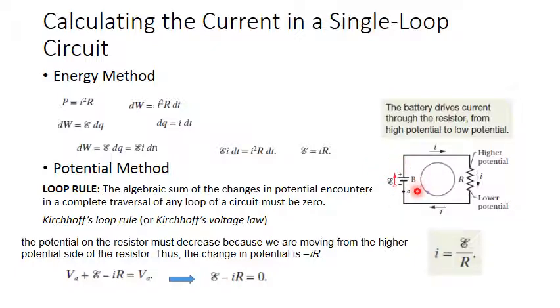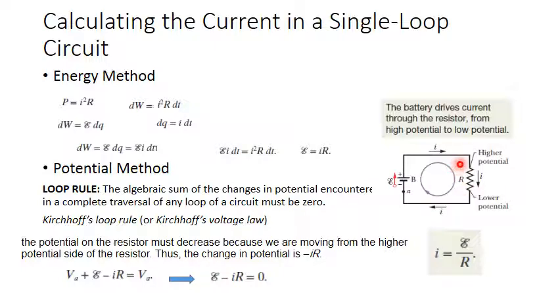What does it mean? It means that we will sum the potential difference due to the electromotive force and the potential difference due to the current in the resistance, and this summation should equal zero. But this should take into consideration the direction of the electromotive force. If I'm talking about electromotive force and electric current, if the electric current is in the same direction as the electromotive force, the potential here would be positive.